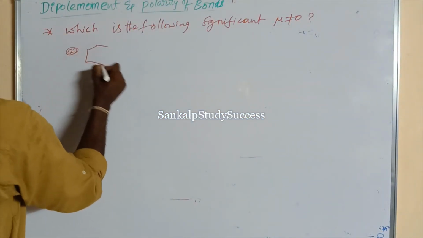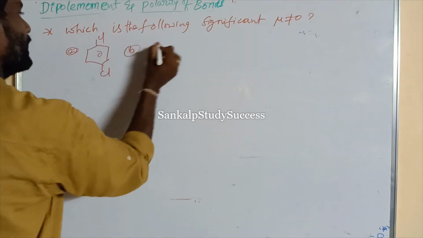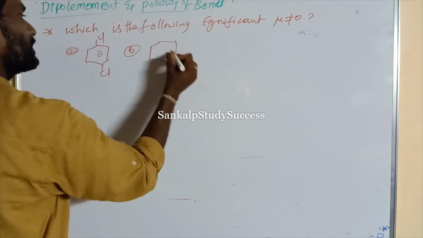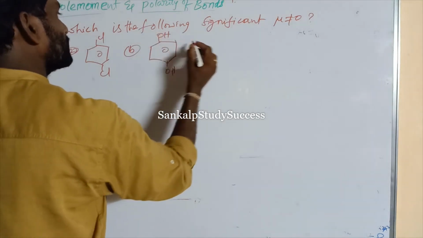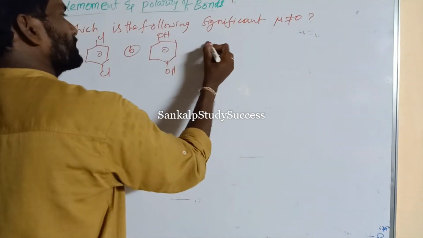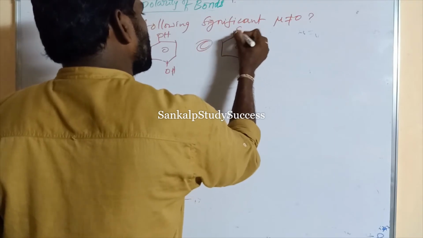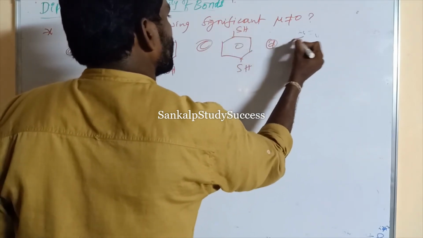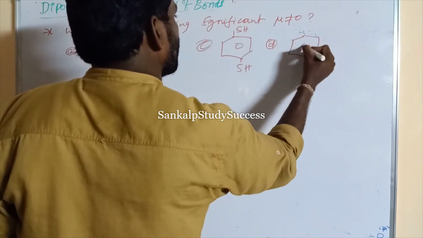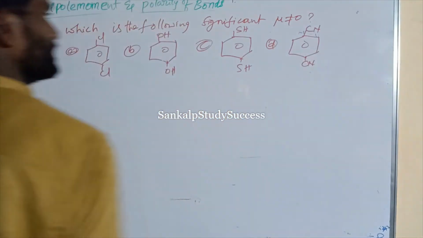A. This is chloro. B. Dichlorobenzene. C. This is OH, hydroquinone. D. SH. And then the cyano groups, dicyanobenzene.